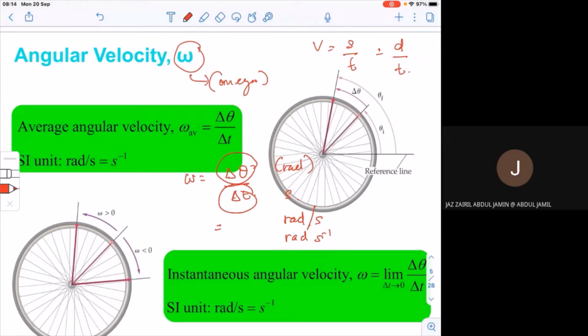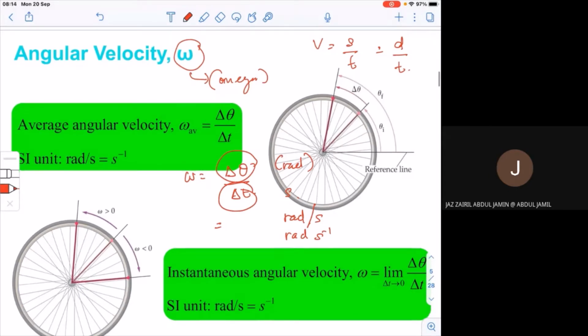The instantaneous angular velocity is given by omega equals the limit of delta theta over delta t, when delta t approaches 0. That means delta t cannot be 0, but it goes towards 0.